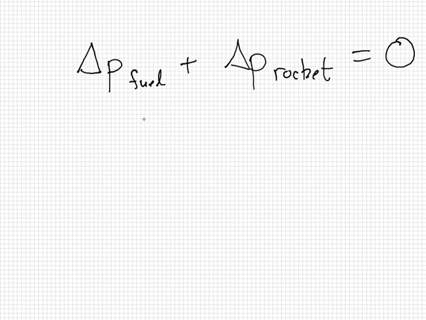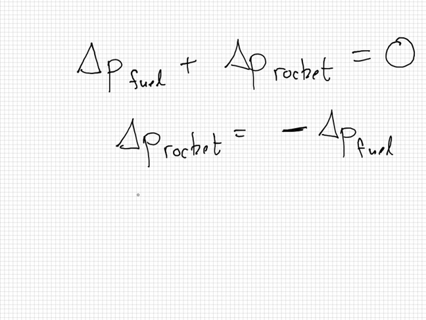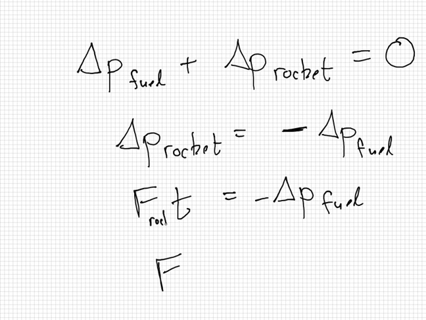Now you said, Mohammed, earlier, delta P, what does that equal? Ft, wasn't it? Yeah. So what I'll do is, delta P rocket will equal minus delta P fuel. And I'm going to use that formula you gave me, Ft equals delta P. So we get F rocket equals minus delta P fuel over time.